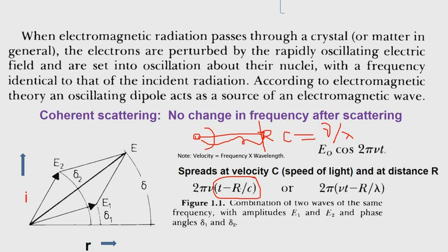So if r becomes r plus delta r, and this delta r is very small, let us say, then there is an increase in the path. Since this is t minus r by c, you see t minus r plus delta r by c.